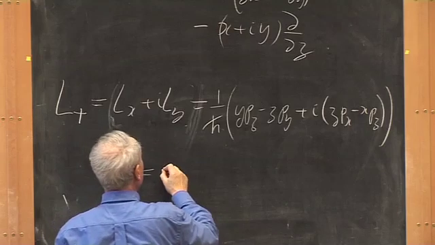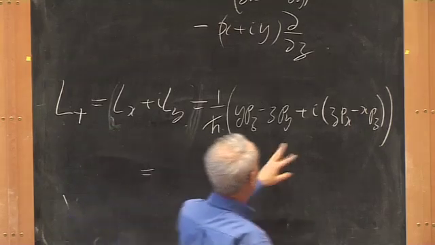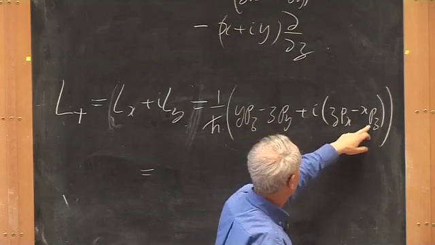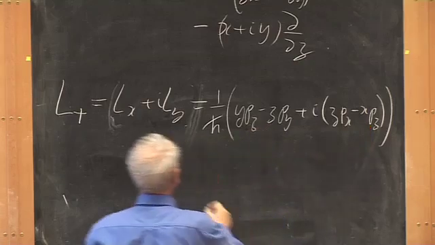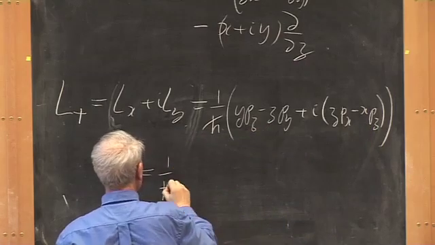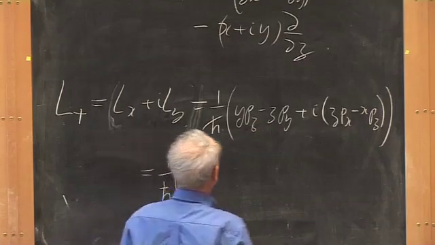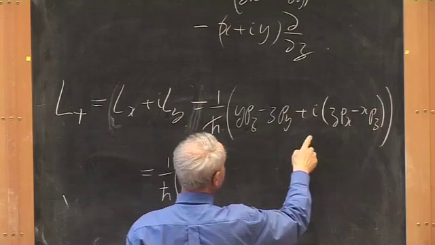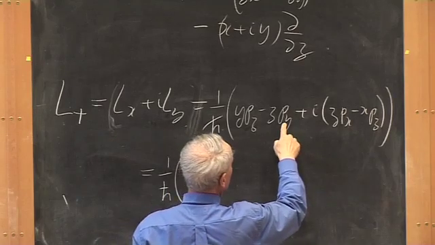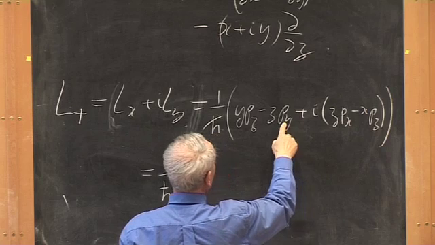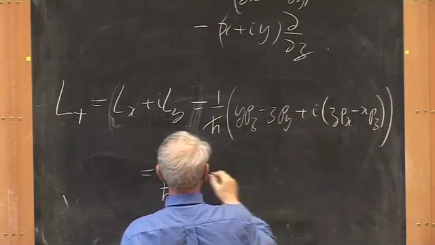So we're going to have, no, sorry, before we do that, let's gather things together because we've got a pz and a pz. So let's just for the moment write this as 1 over h bar. We're going to have a common factor of z.